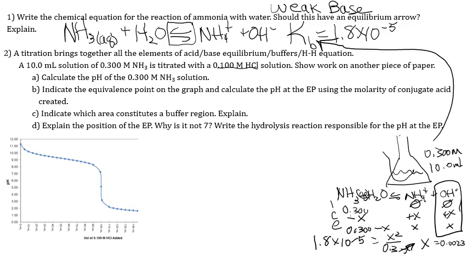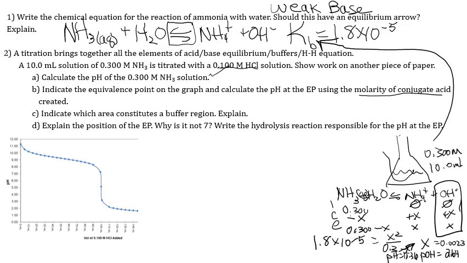I got my calculator now. We take the minus log of 0.0023 and we get pOH equals 2.64, but that's the pOH, so 14 minus that, and we get 11.36, and that was the pH, 11.36. Check.